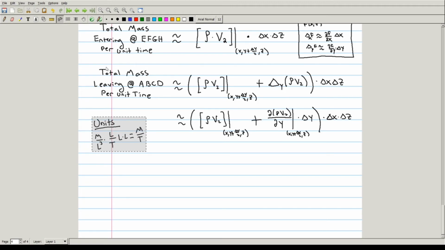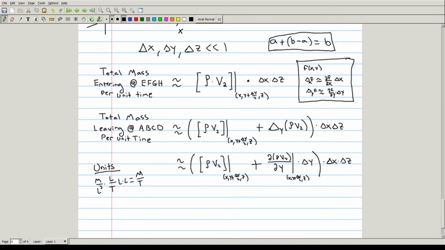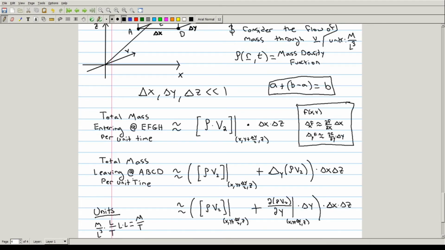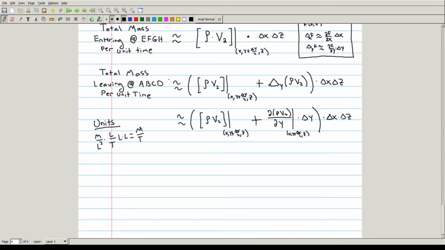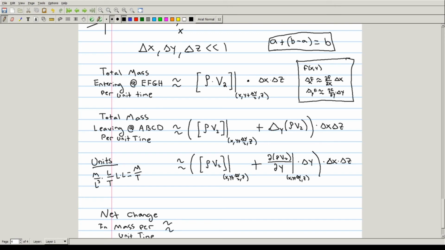So the idea here is, well, if this is the total mass entering through this back face, and this is the total mass leaving through this front face, an approximation to the net change in mass per unit time along y is going to be approximately equal to the subtraction of this quantity and this quantity, or this minus this.